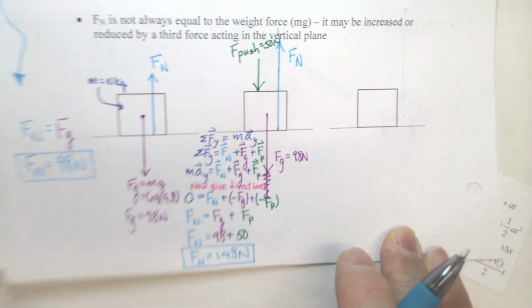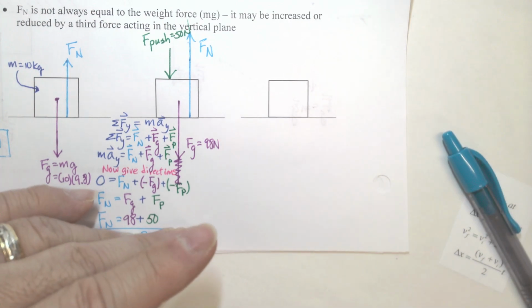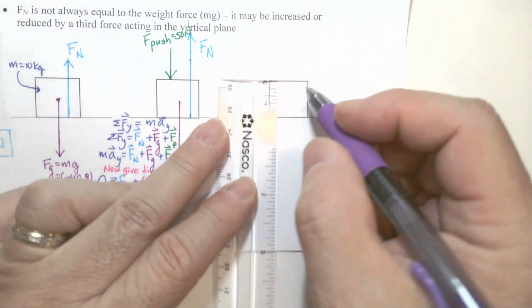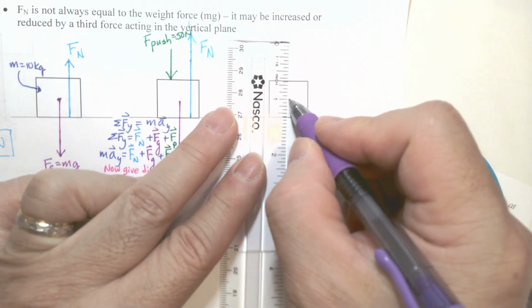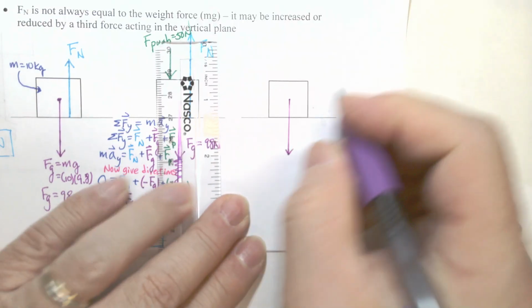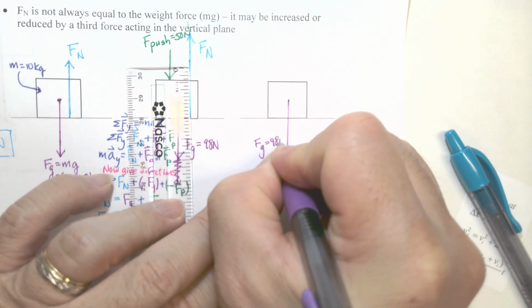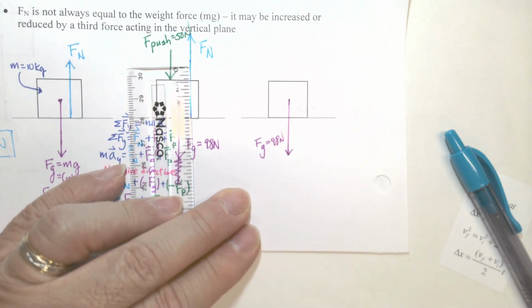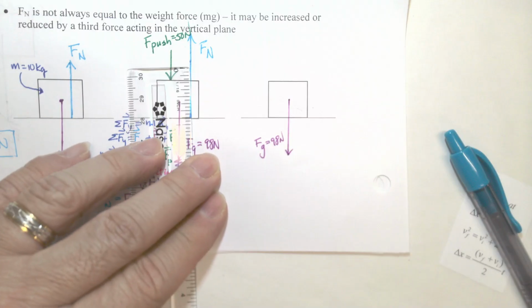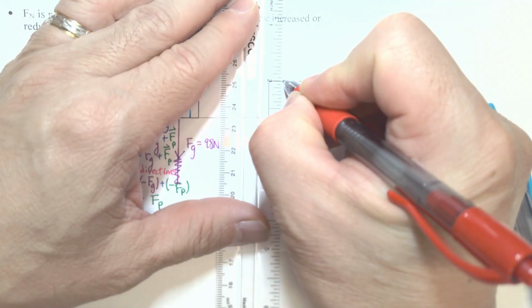Let's say I have another scenario. So here, again, I have my FG. Here's my FG acting straight down. And this time, let's say I am pulling it up a little bit instead of pushing down.